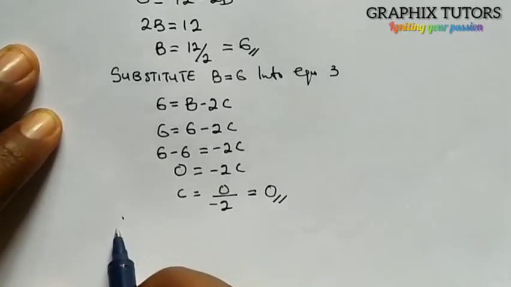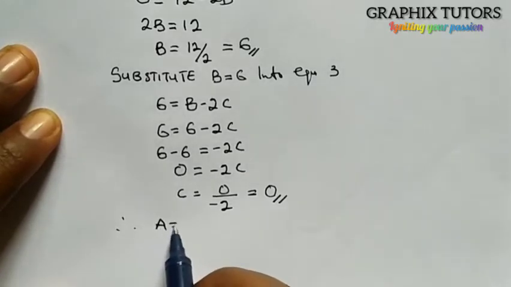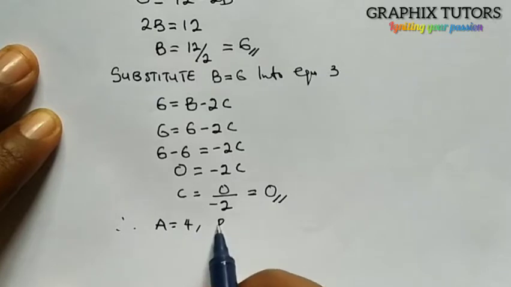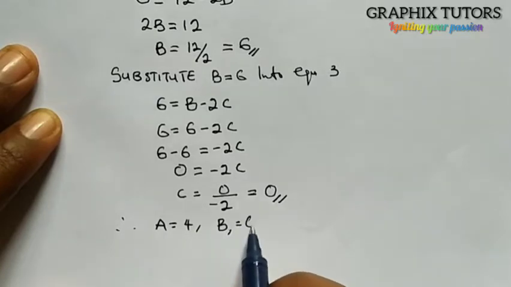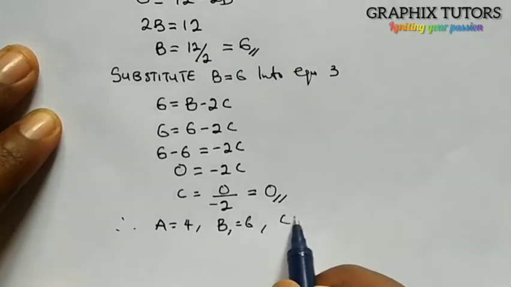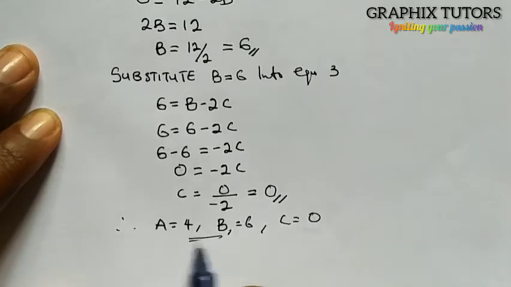So we now say therefore a is equal to 4, b is equal to 6, and c is equal to 0. This is what my value is.